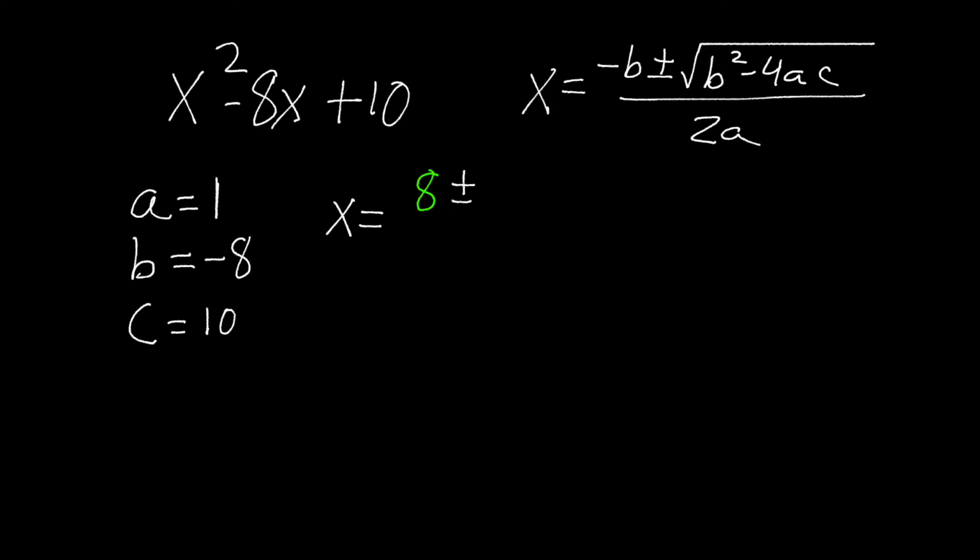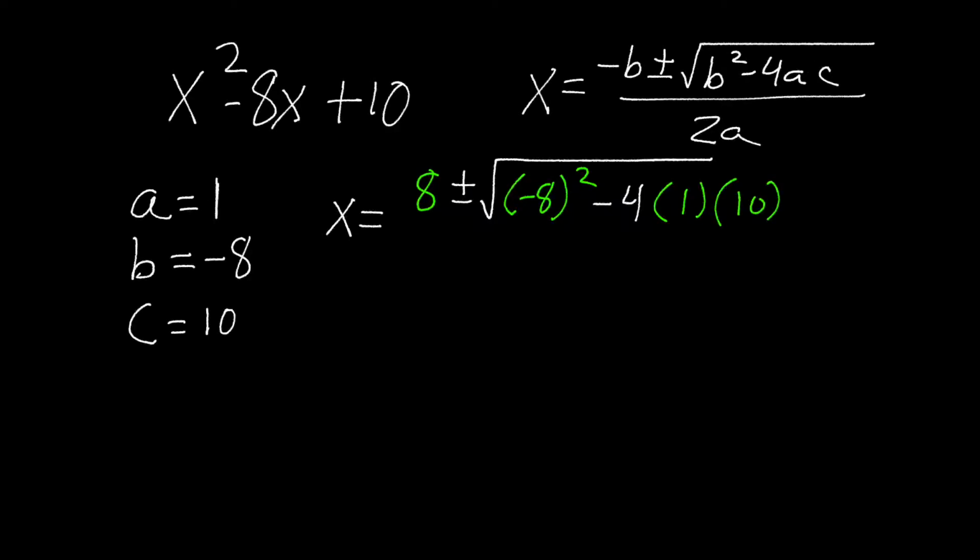Plus or minus the square root of negative 8 in parentheses, squared, don't forget those parentheses, minus 4 times a, which is 1, times c, which is 10, all over 2 times a, which is 1. So 2 times 1. All right, we have successfully put together the quadratic formula again.